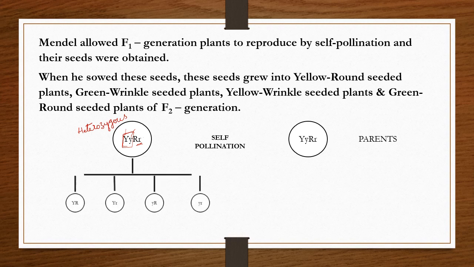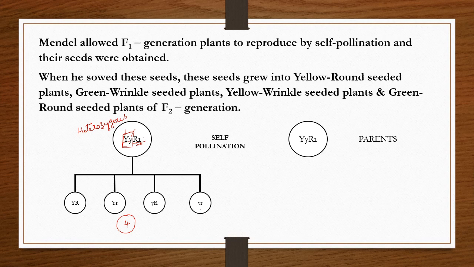Now let's see the gamete formation. One gamete receives capital Y capital R, another receives capital Y small r, one more receives small y capital R, and another receives small y small r. So a total of four gametes are formed in a dihybrid cross, whereas in a monohybrid cross only two gametes are formed.